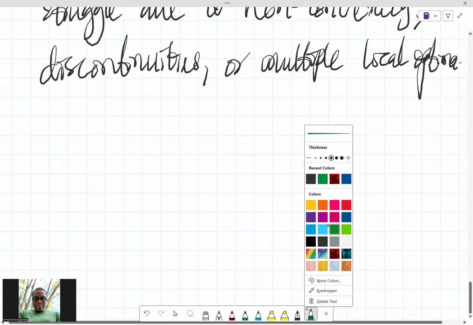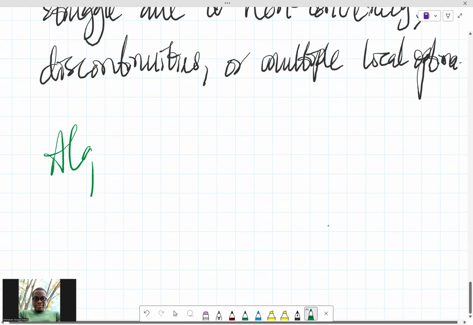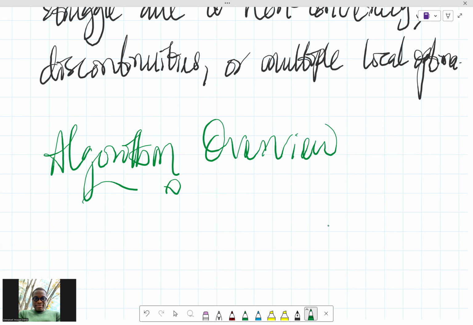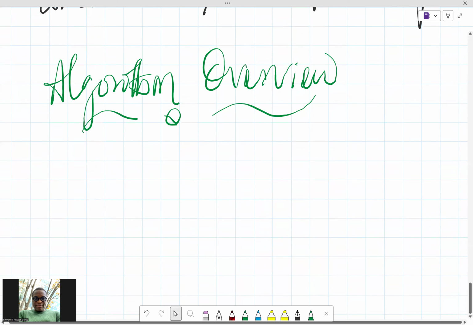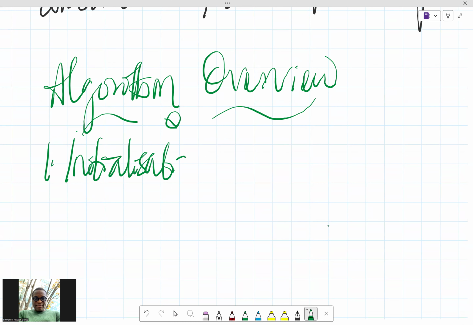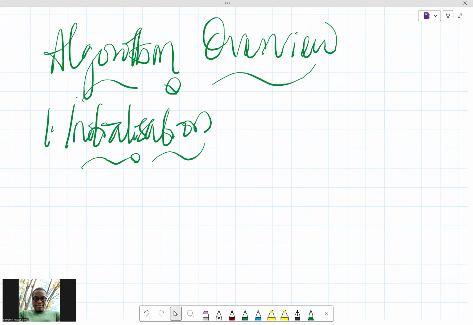All right. So with that said, let's talk about the algorithm overview for simulated annealing. Of course, we've seen this before, but here we are considering it for nonlinear programming. As usual, the first thing is initialization. There's always a starting point.